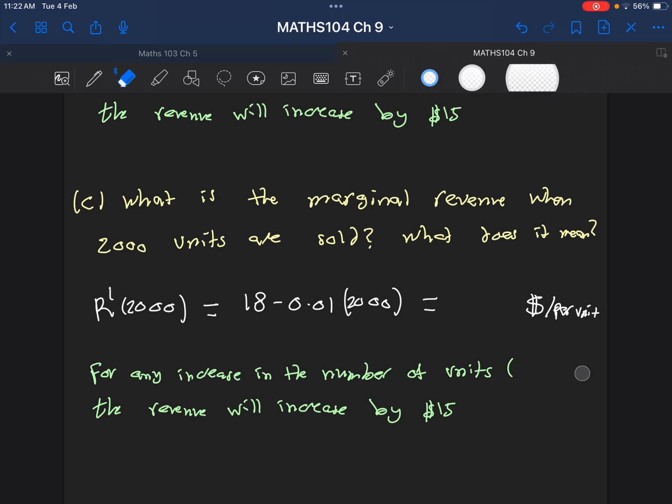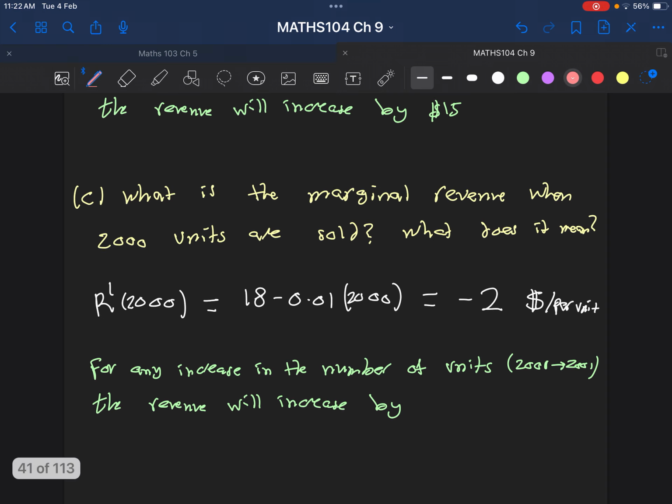So we want to know what happens after we produce 2000 units. Suppose we produce 2001. What will happen? Well, we need to find the answer here so that we know how much my revenue will change. This will be negative 2.